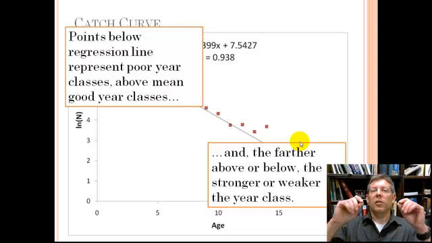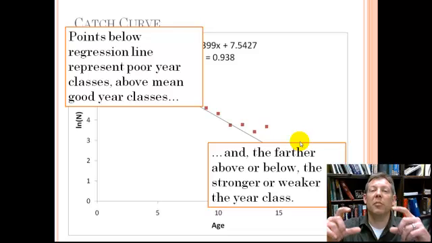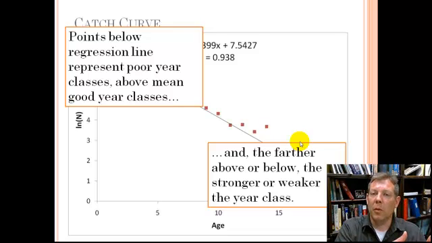And so you can look at those residuals and see if they're correlated with something that happened the year that fish was born. So if I took out the residuals and compared them to river levels, I might find that those year classes that are above the line, that have a positive catch curve residual, the river levels were higher the year they were born. And those that are below the catch curve regression line, their residuals, which are negative, maybe those correlate well with river levels that were low the year they were born, or something like that.